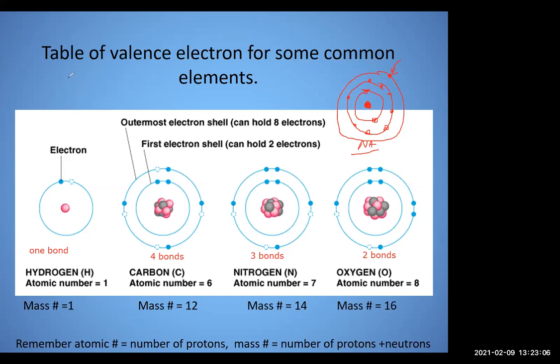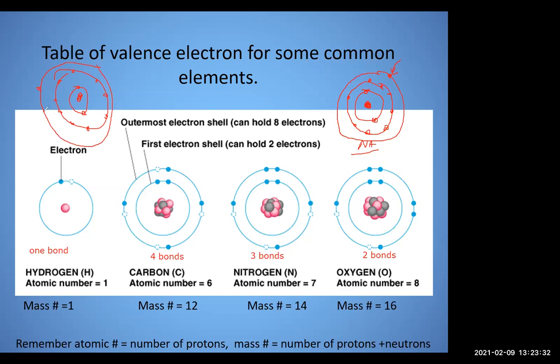And the one thing that it's really happy to give it away to would be chlorine, which has 2 in the inner circle, 8 in the second, and then in its third shell, it has 7. It has 3 shells.